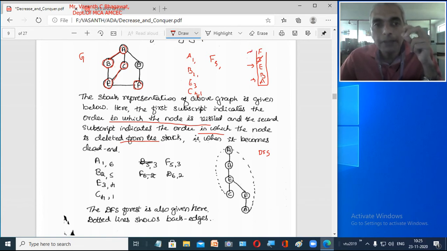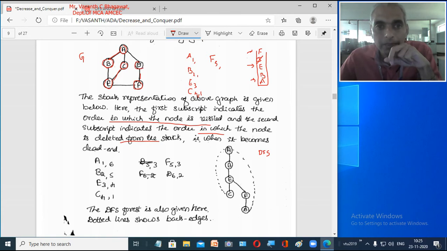Now from F again check which are the adjacent nodes. F has E and D. E is an adjacent node, D is an adjacent node. In this, which is unvisited? E is already visited, because in your stack E is present. But the unvisited node is D. We have not visited D, D is not marked. So from F we will go to D and mark D as visited.